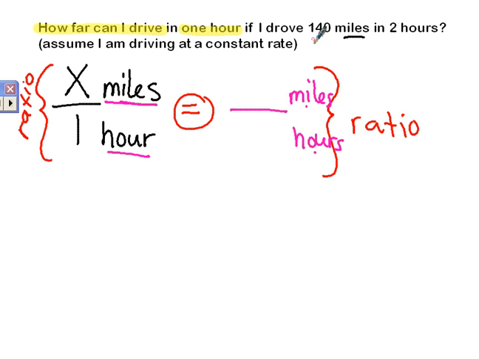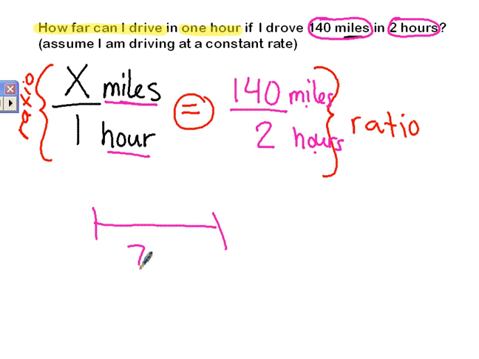I can see that in the problem it tells me if I drove 140 miles, that it would take me 2 hours. So what that means, if I was driving for 2 hours, I could drive 140 miles.